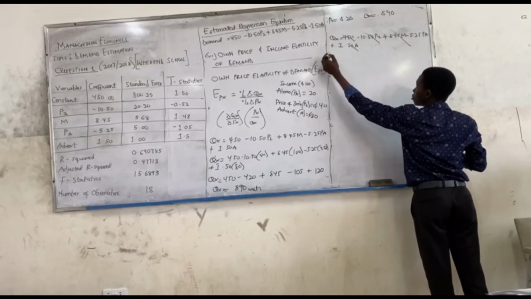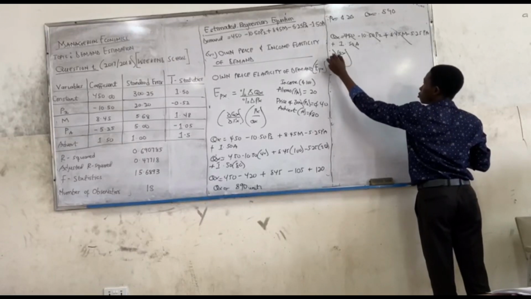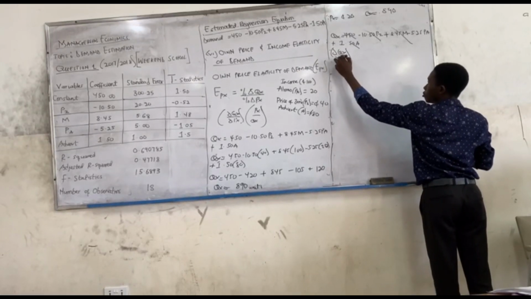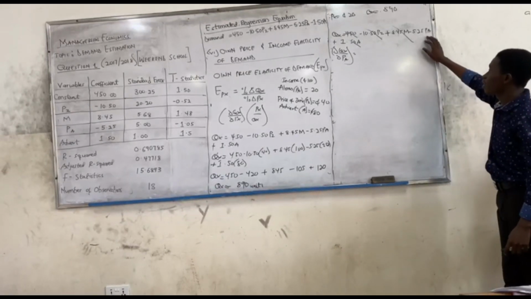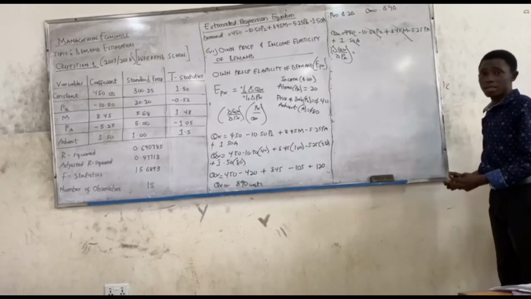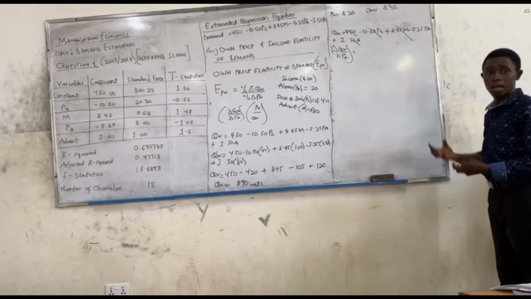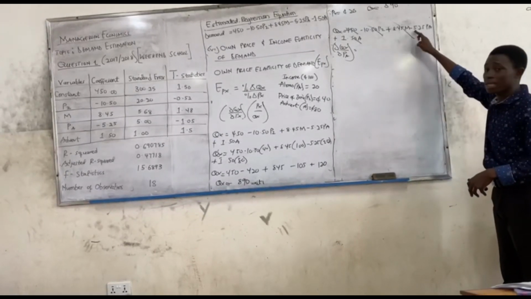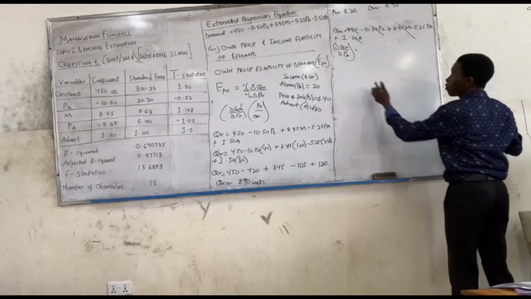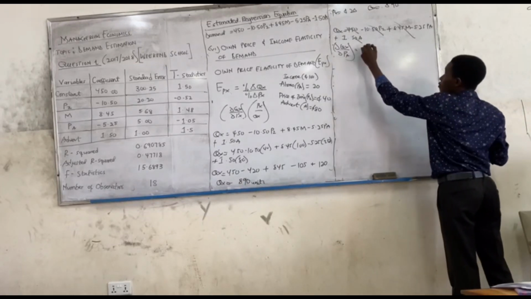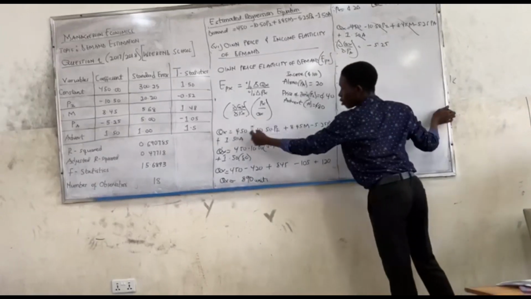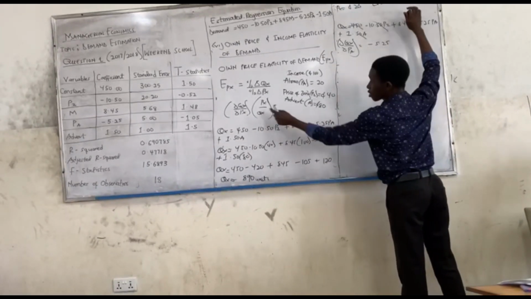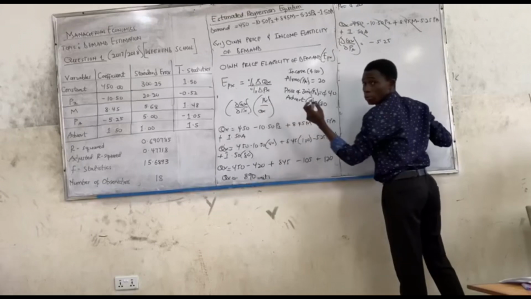So now you are left with negative 5.25 PX. Then you pick the coefficient, the number attached to PX, which is negative 5.25. So if you are differentiating Q with respect to PX, we have negative 5.25. We have PX to be 20, and QS to be 890. So now we can solve for the own price.